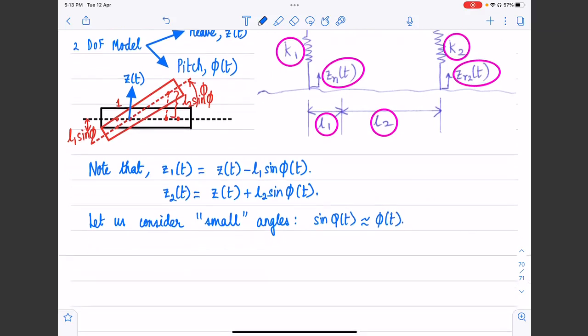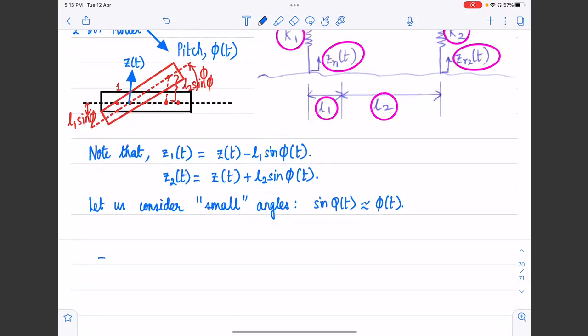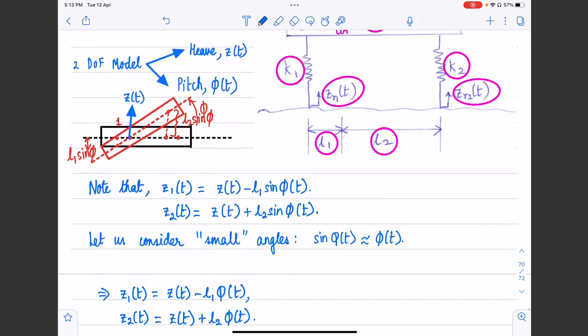So Z1 of t is going to be equal to Z of t minus L1 phi of t. Okay, this is once again an approximation, and Z2 of t is going to be equal to Z of t plus L2 phi of t. Okay, so these will be the equations for Z1 and Z2.